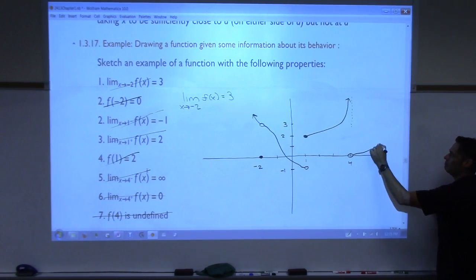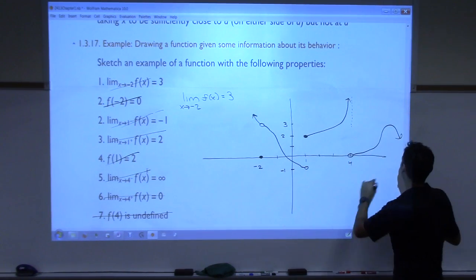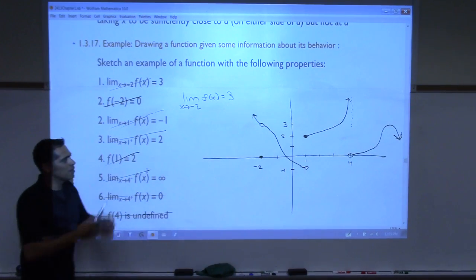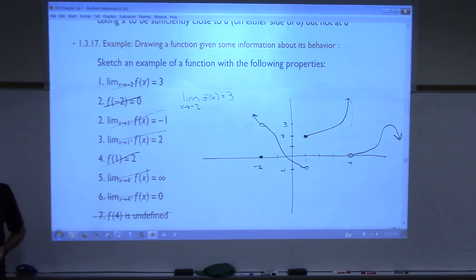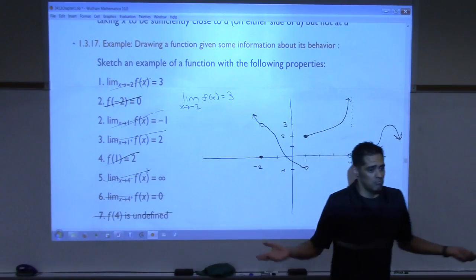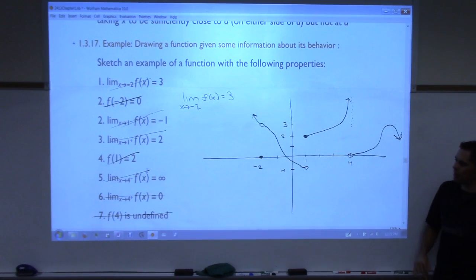And then here, I'm just going to do that just to be different, okay? I like to be different. Yeah, that's practically it. That function, as drawn, would satisfy all those conditions. Everybody's going to have a different picture, right? Everyone's going to have a slightly different variation, but we should all have the same basic characteristics. We good?